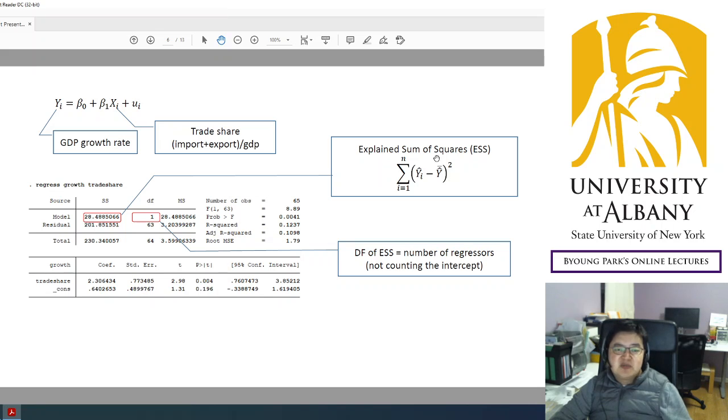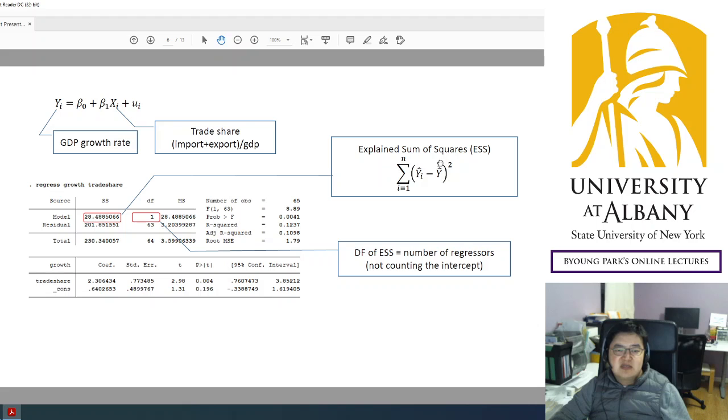So explained sum of squares is defined in this way. You predict y using y hat, and calculate the variation in y hat by subtracting its mean, squaring them, and summing all the squares.